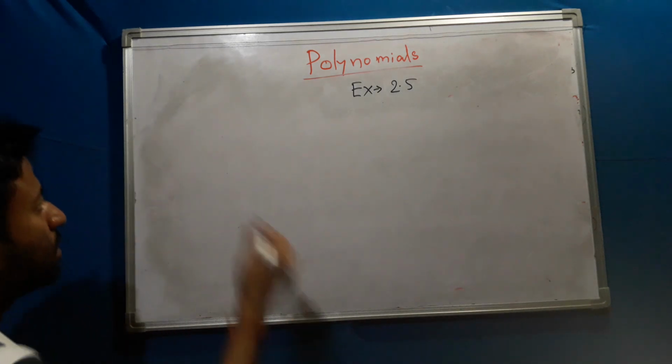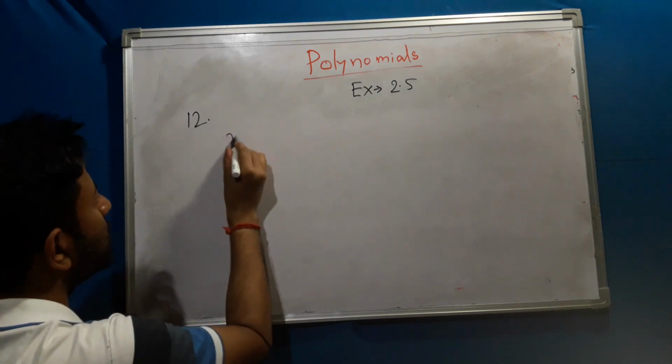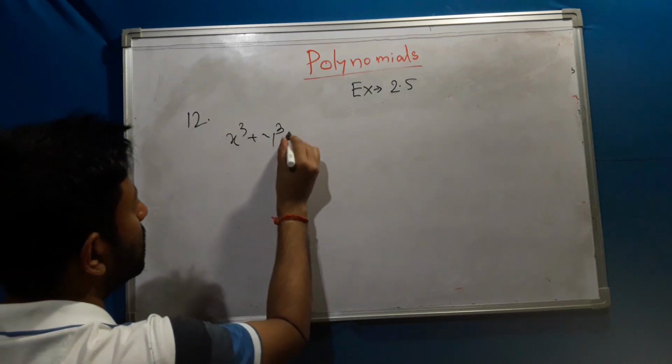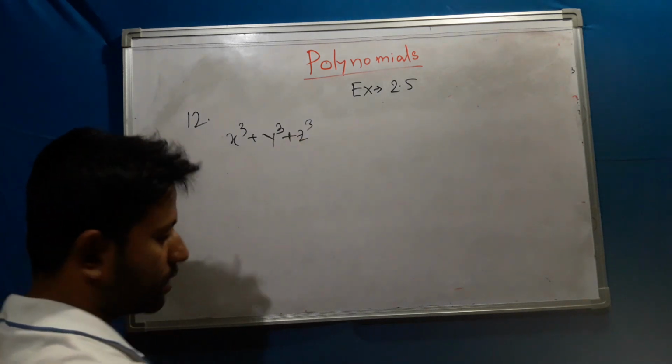What they have asked in question number 12: x cube plus y cube plus z cube minus 3xyz.